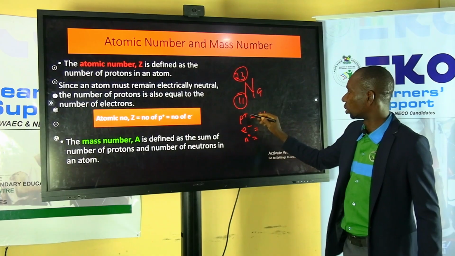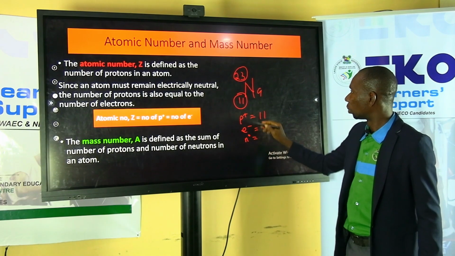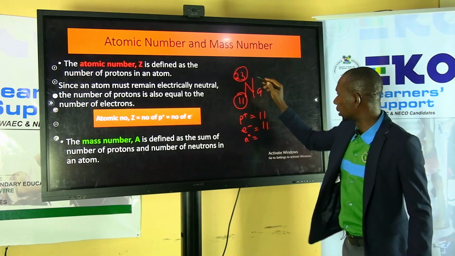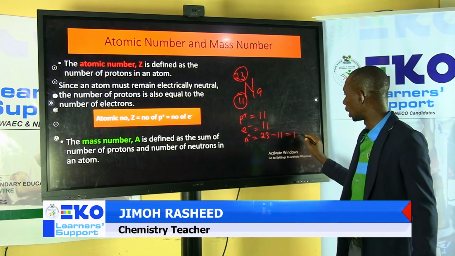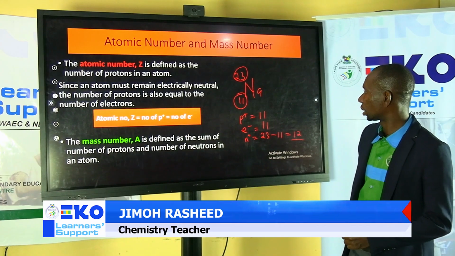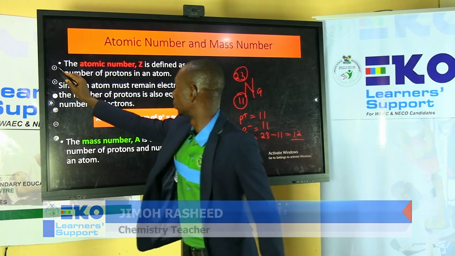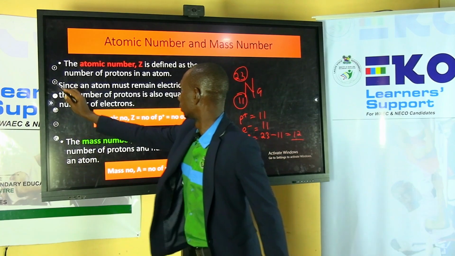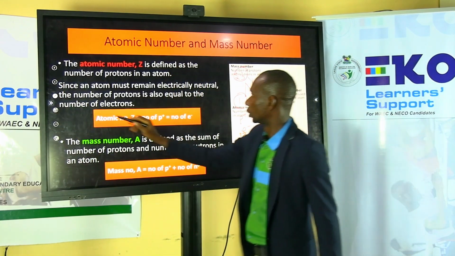The number of electron is also the same as the number of proton, which is also 11, while the number of neutron is the difference between the mass number, 23, minus the atomic number, and that gives 12. So this is how the subatomic particles in an atom are calculated. Okay, let's keep going.